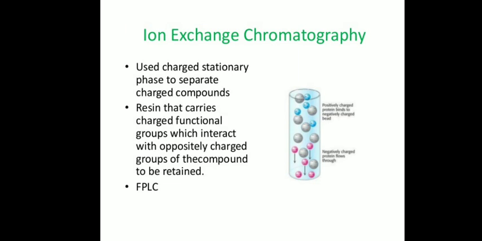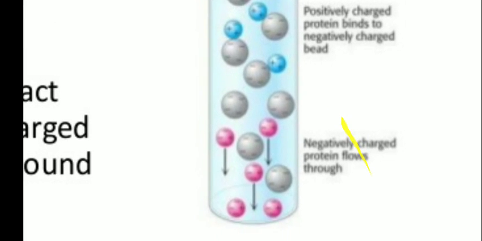Here in the diagram you can see, oppositely charged ions are separated. For example, if the compound of interest or protein which we want to separate or purify is positively charged, then the beads used for the separation should be negatively charged.